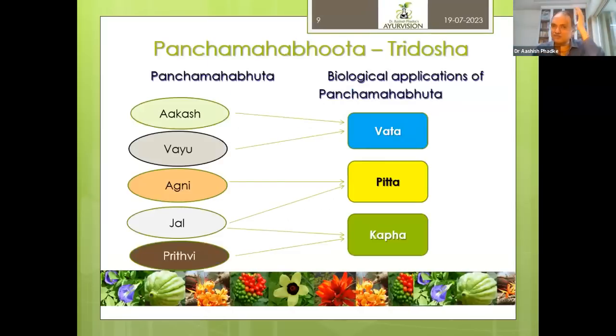Now, coming to this, it is again known to everybody. I'm not wasting time on this, but these are the 5 basic elements. So Pancha Mahabhuta we call. And from these Pancha Mahabhuta, what we derive is the Tridosha. So Akash and Vayu make Vata, then Agni and Jala contribute to Pitta, and Jala and Prithvi contribute to Kapha.